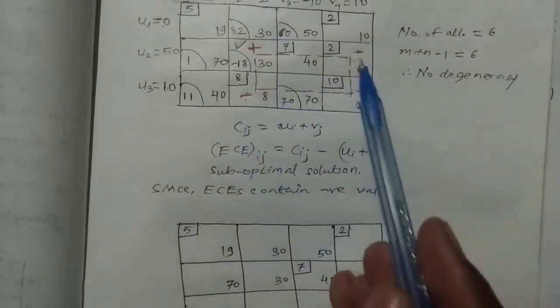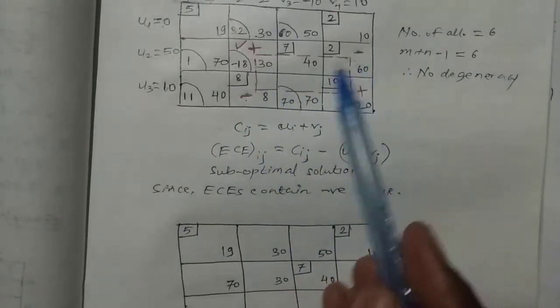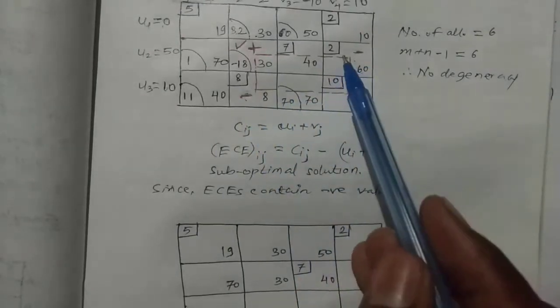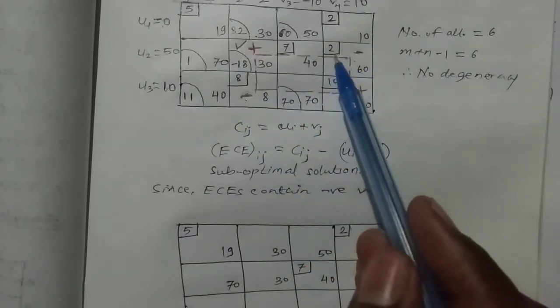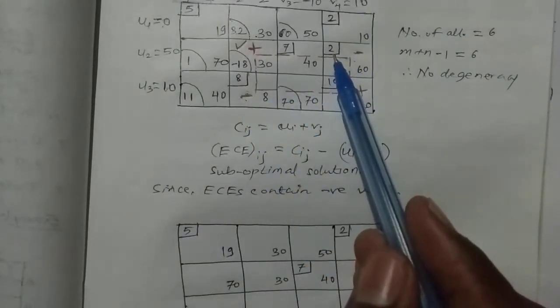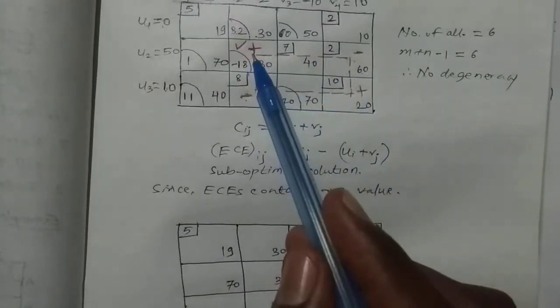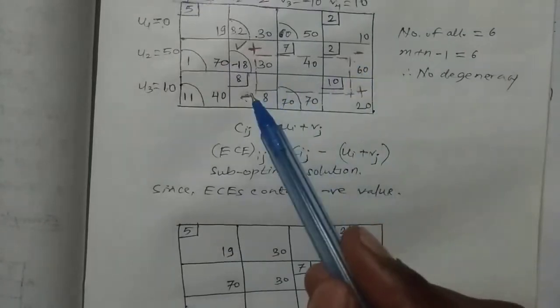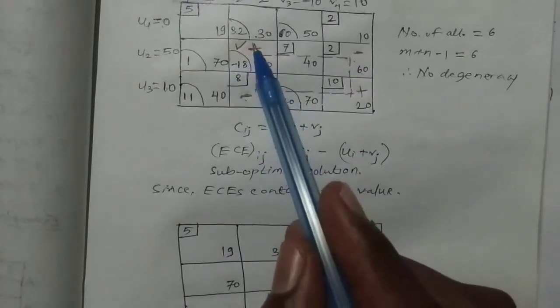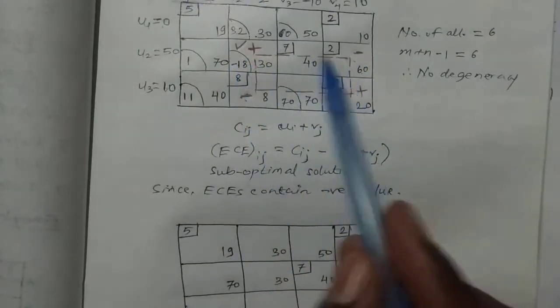Now let us consider the negative corners of the loop and check where is the minimum allocation at negative corners. So there is the minimum allocation at negative corners. Now add it to the positive corners' allocation and subtract it from the allocation at negative corners. So here is the 0 allocation, that means 0 plus 2.